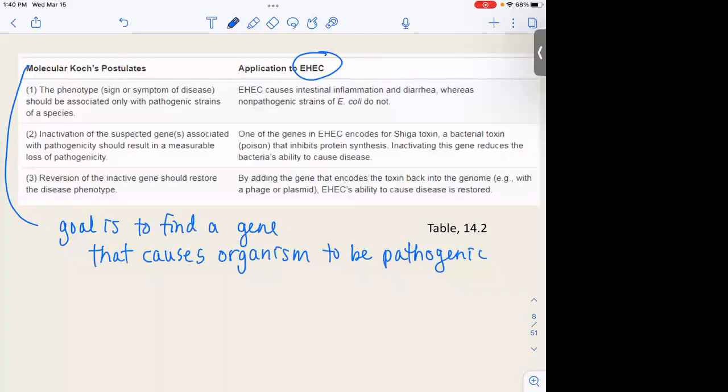And I'm not too worried about going through the steps, but if you hear about molecular Koch's postulates, that's the goal.